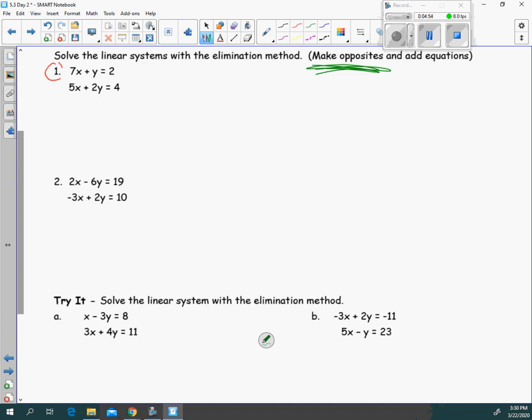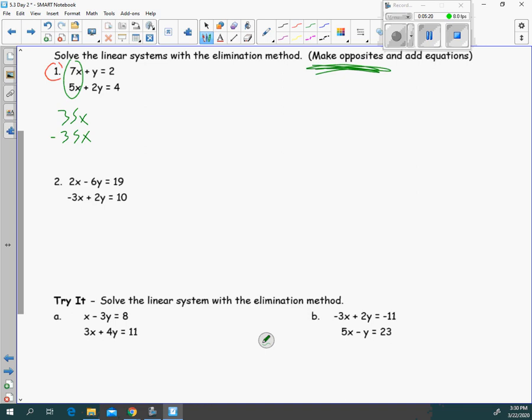There's generally an easier variable to pick. If I picked opposites for these, I would have to think of multiples of those. Meaning like 35x and negative 35x. Right? See how those would be opposites of each other? Now I could make them that way, but those are big numbers and I don't know, they look a little bit more frightening.